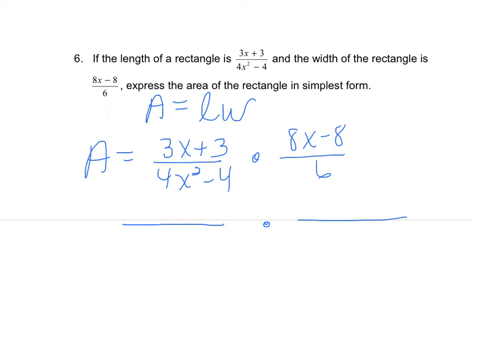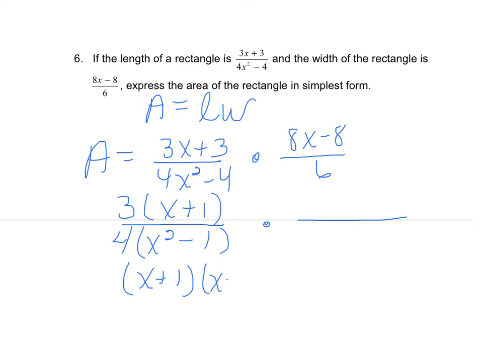So the very first numerator I can GCF out of 3 and get an x plus 1. On the bottom it looks like I can GCF out of 4 and then get an x squared minus 1. Hey, but isn't x squared minus 1 a difference of squares? So I can even go further to x plus 1 times x minus 1.